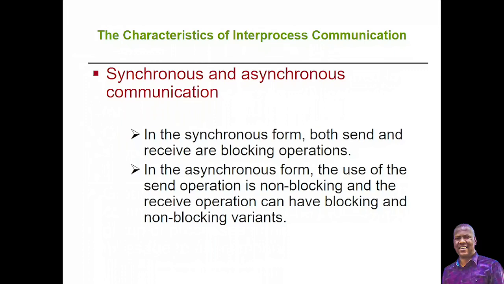Two major ways that various processes communicate is either synchronously or asynchronously. In the synchronous form, both send and receive are blocking. We are going to see that. On the other hand, in the asynchronous form, the send operation is non-blocking, and the receive operation can handle both blocking and non-blocking variants.